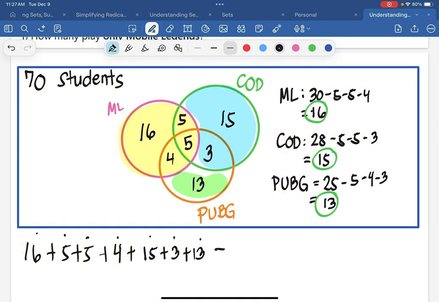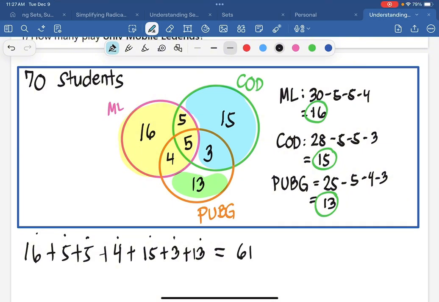Alright. Okay, so based on this, we can now add all of them. So 16 plus 5 is 21, plus 5 is 26, plus 4 is 30, plus 15 is 45, plus 3 is 48, plus 13 is 61.